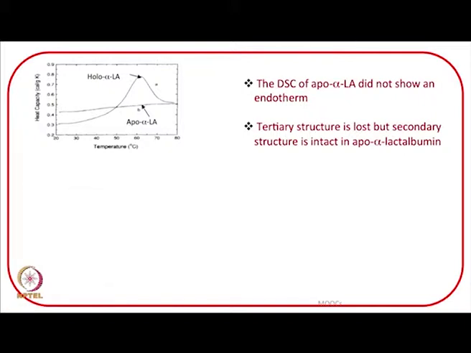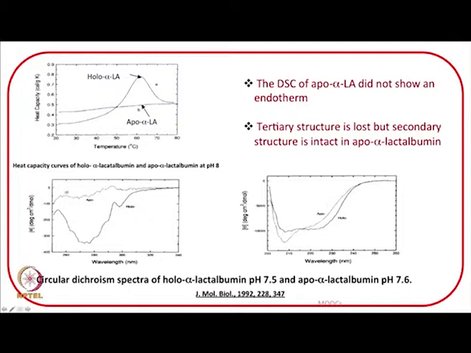And simultaneously, if you look at the CD of apo-alpha-lactalbumin, the secondary and tertiary structure, the far UV CD and near UV CD, the secondary structure of apo-alpha-lactalbumin is almost similar to that of holo-alpha-lactalbumin, whereas the tertiary structure of apo-alpha-lactalbumin is almost lost, whereas it is intact for holo-alpha-lactalbumin. That is why the comment is made: tertiary structure is lost but secondary structure is intact.